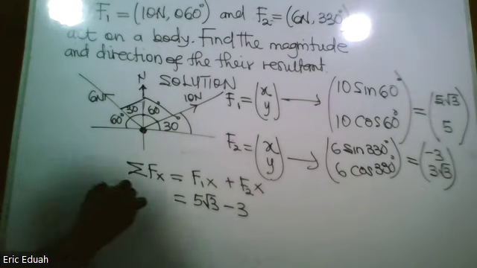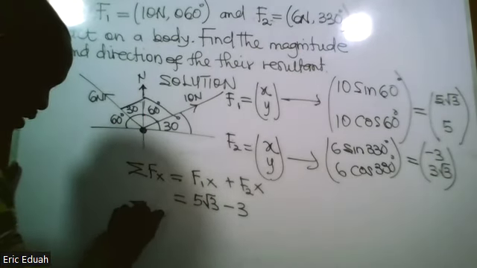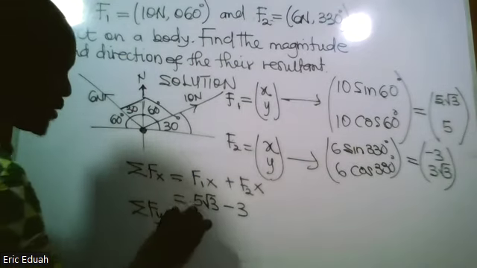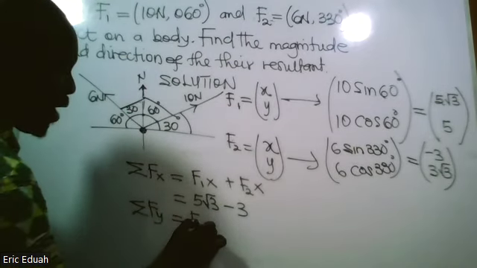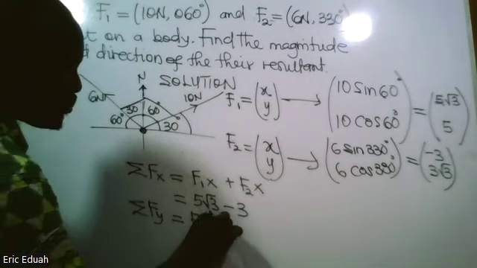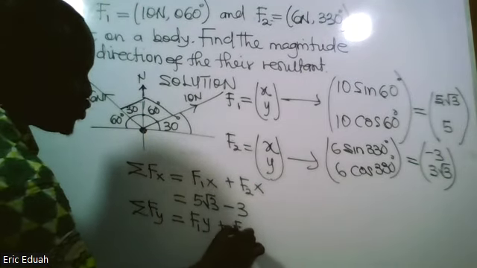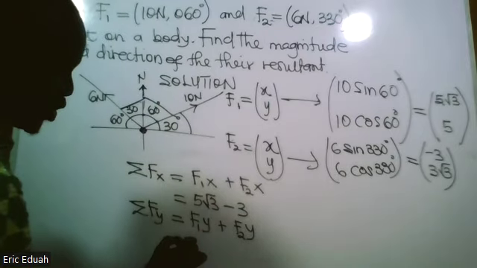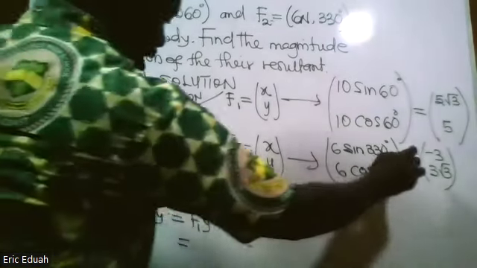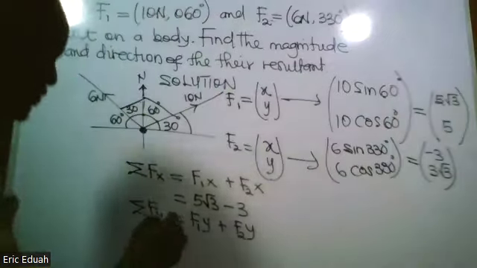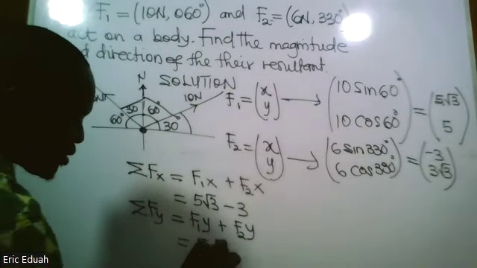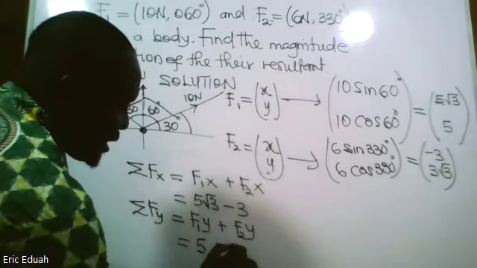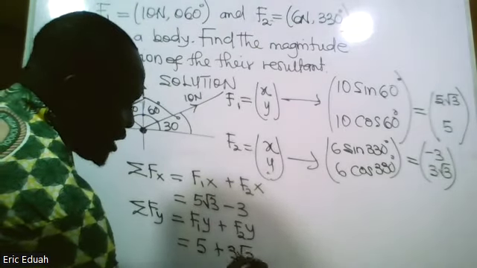And then find the summation of Fy, which is F1y plus F2y. And this is equal to F1y, which is 5, plus F2y, which is 3 root 3.